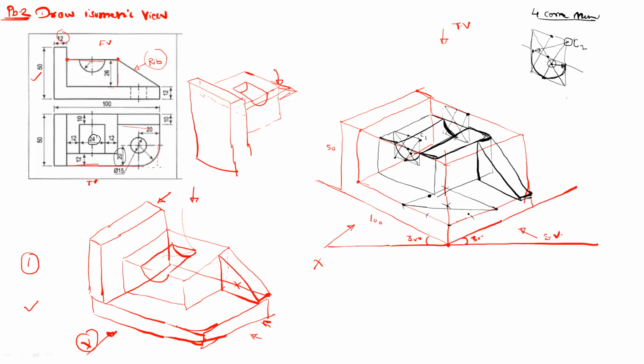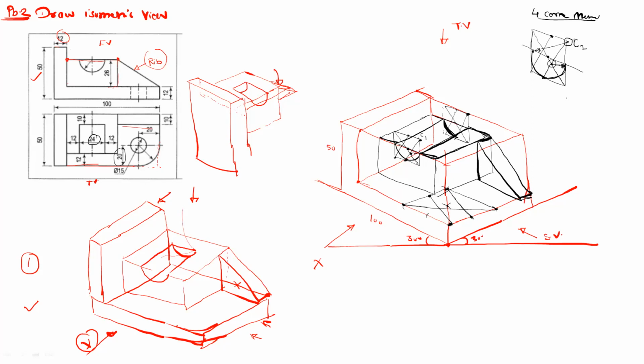So first mark the midpoints. So join this midpoint with this corner and join this corner with this midpoint. Okay. So we want to draw this portion for that semicircle, sorry, for that fillet.